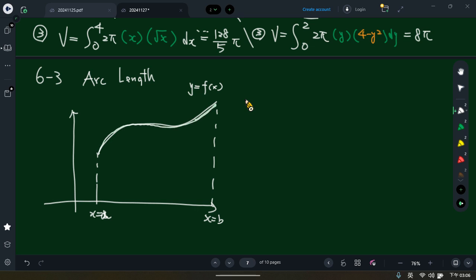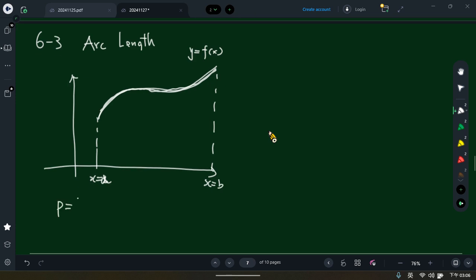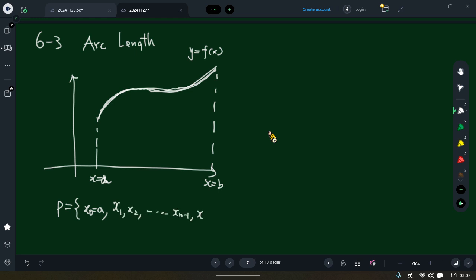This time we are talking about the length instead of the volume or the surface area. Again, I will give you a partition P: x0 equal to a, x1, x2, up to x(n-1), xn equal to b. I pick several points, especially x(k-1) and xk.